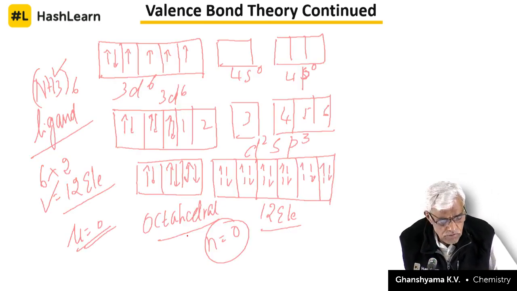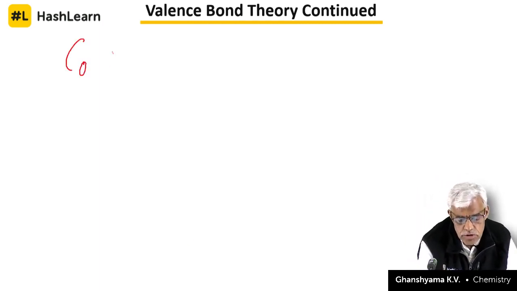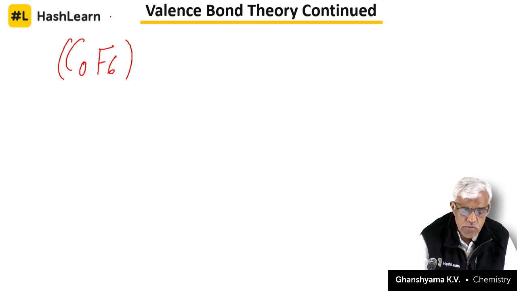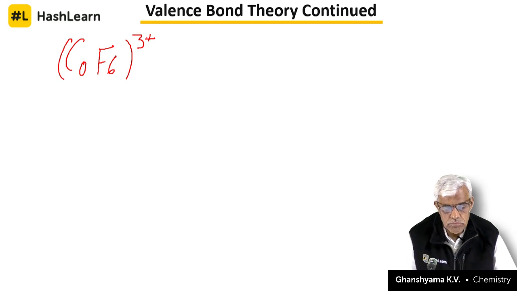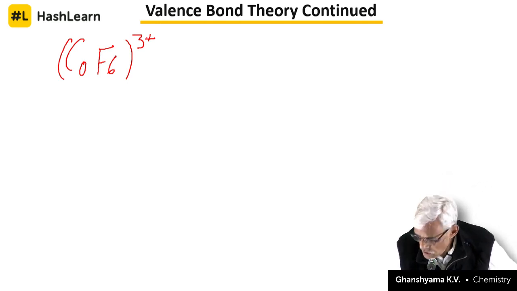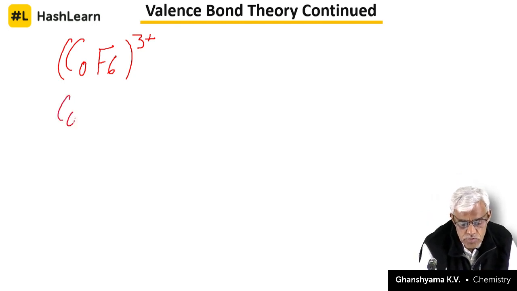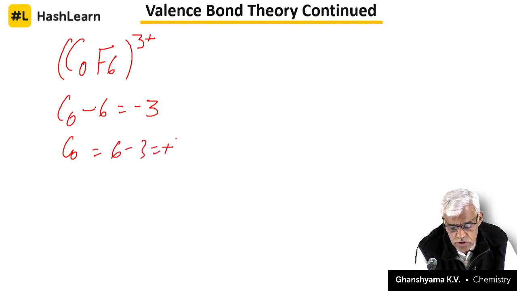Here we shall consider one more complex of cobalt, [CoF6]3-. The charge should be 3 minus, since F is the ligand: Co minus 6 is equal to minus 3, therefore Co is equal to 6 minus 3, which is plus 3.